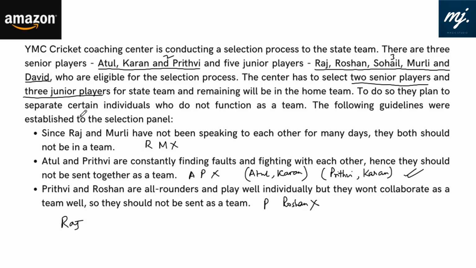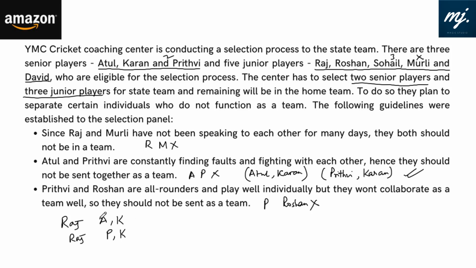So here Raj is there. Raj is not with Murli, that means Murli won't be there. No Murli if Raj is there. Now, with Raj, we can have Atul, Karan. With Raj, we can have Prithvi, Karan.